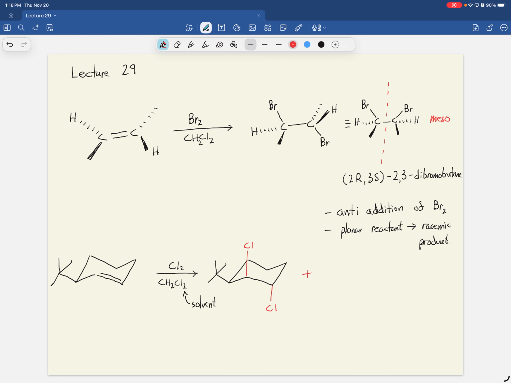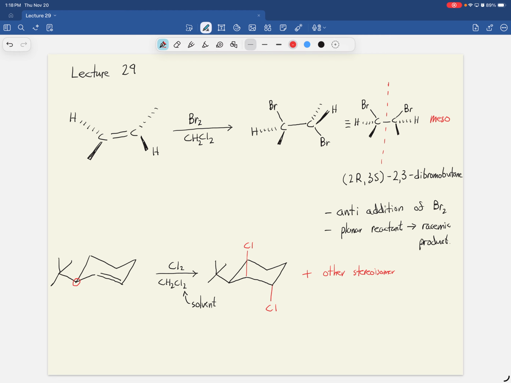Okay? So plus other stereoisomer. In this case, the other stereoisomer is not going to be an enantiomer because look at this tert-butyl group.